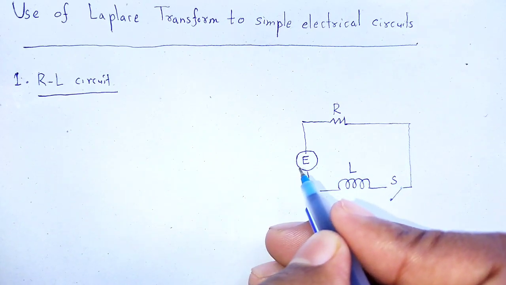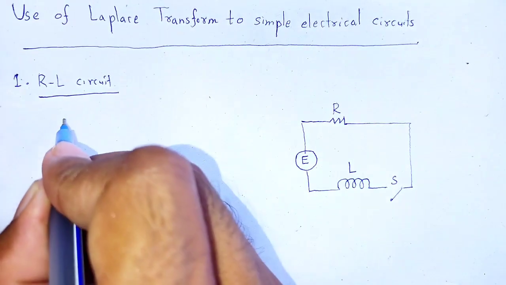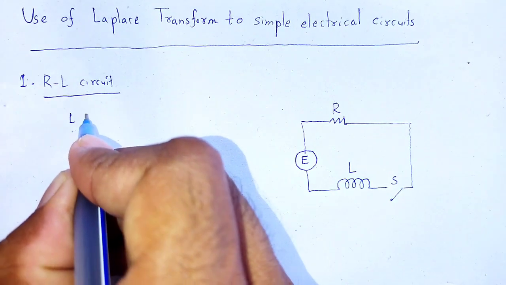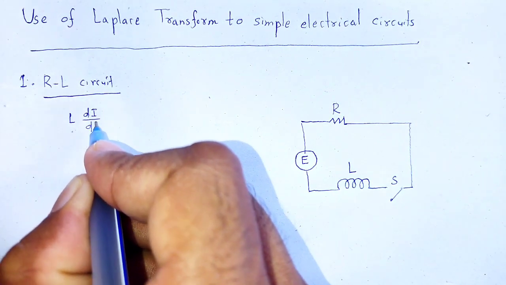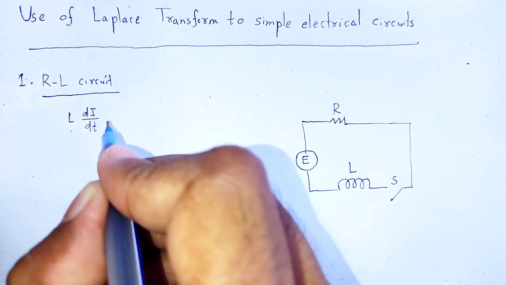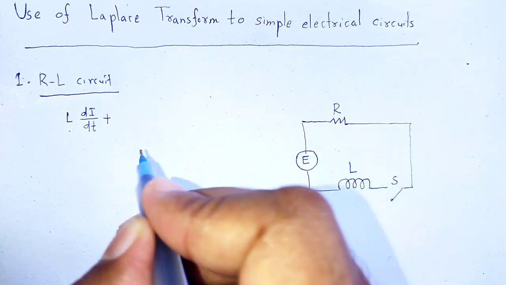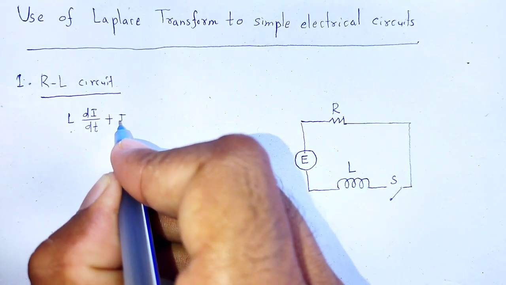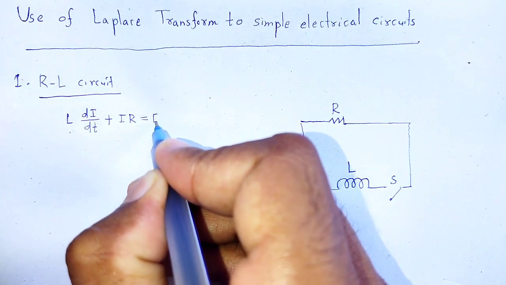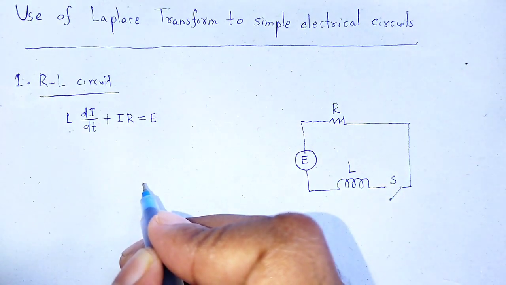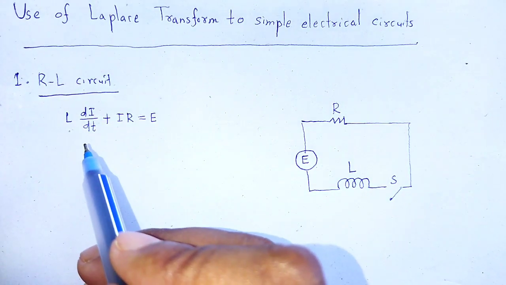So, the applied EMF E is L di by dt plus I into R equal to E. Our task is to calculate I.